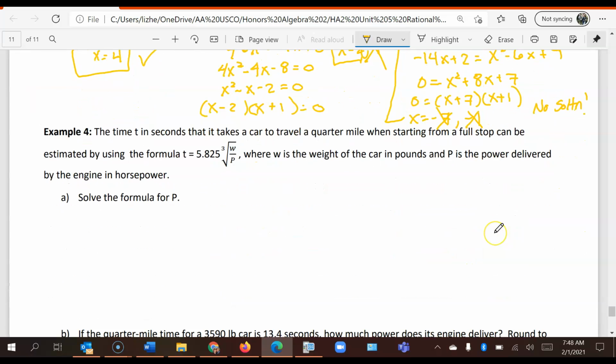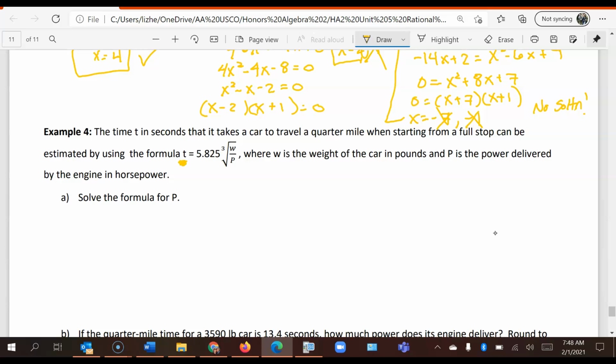Example 4. The time t in seconds that it takes a car to travel a quarter mile when starting from a full stop can be estimated by using this formula, where W is the weight of the car in pounds, P is the power delivered by the engine in horsepower. So the first thing is solve the formula for P. So right now we would say this formula is solved for T, right?